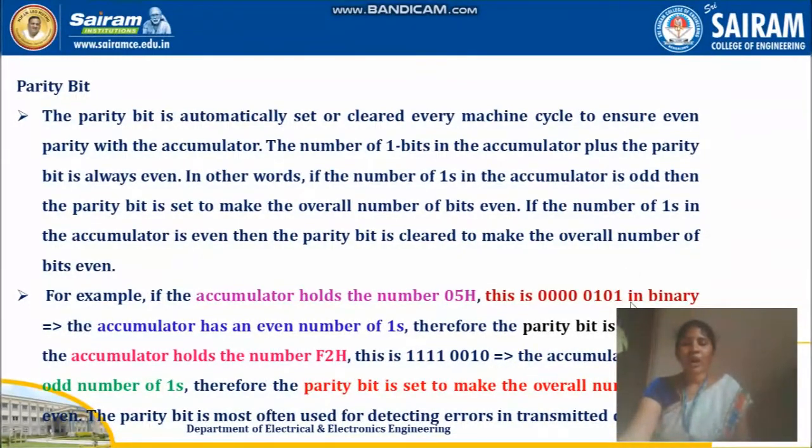So when you are having an even number of ones, the parity bit is reset, that is reset to 0. That is PSW.0 will be 0. If your accumulator is having an odd number of ones, then your parity bit is set to make the overall number even. This is how, using this parity bit, it is possible for us to detect the error.